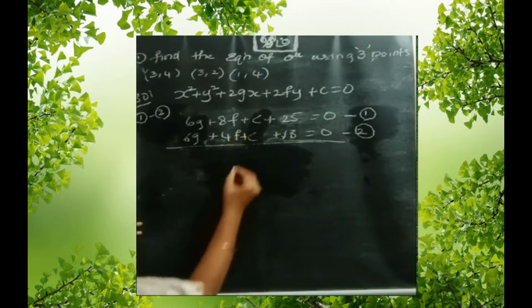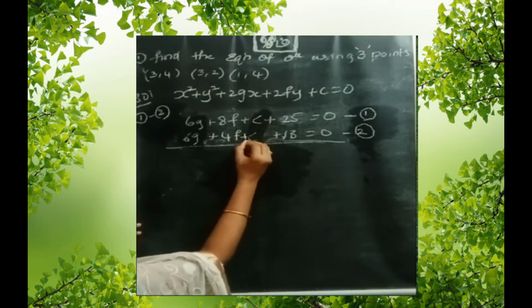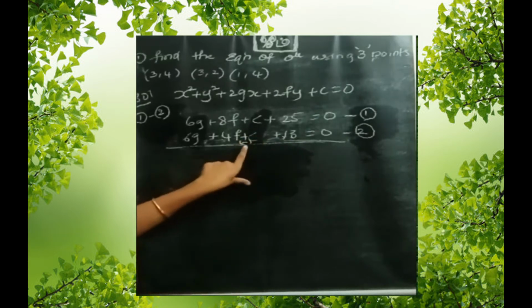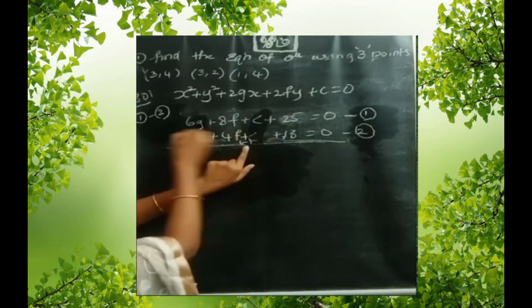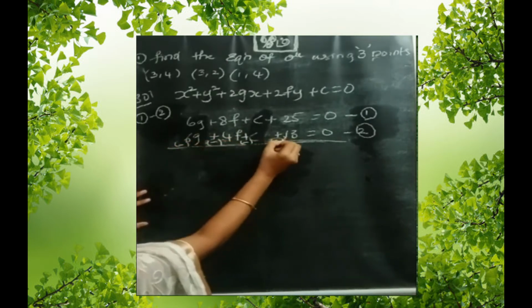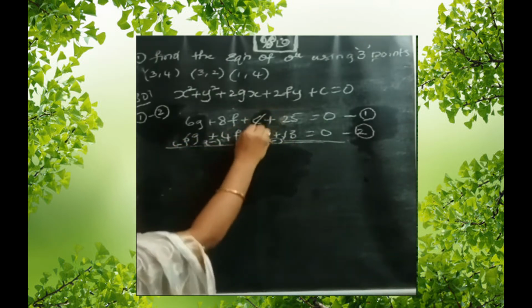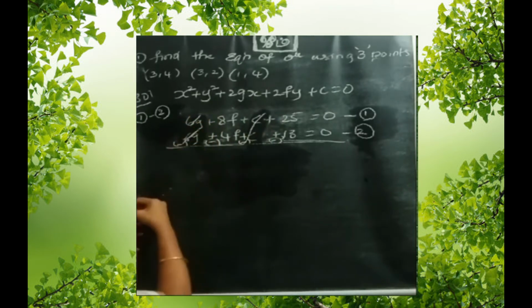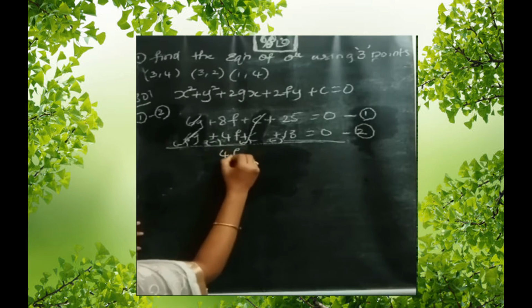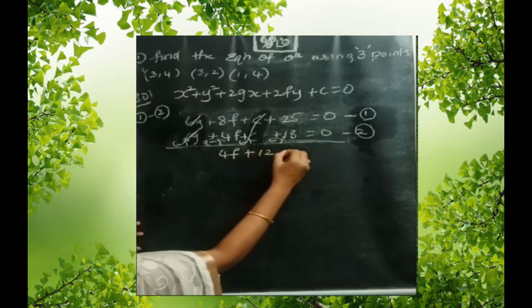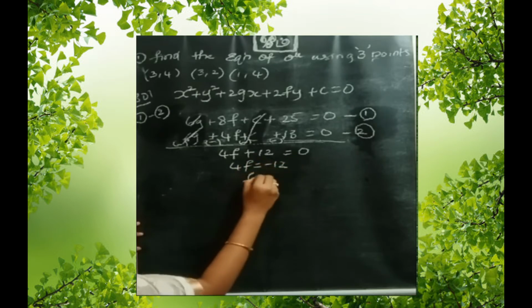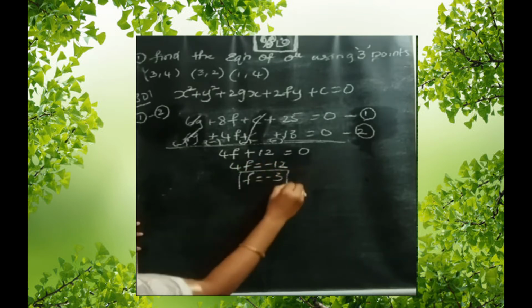Here both have a plus sign, so to cancel we change the sign of the whole equation: minus, minus, minus. So c gets cancelled, 6g also gets cancelled, and we get 4f plus 12 equals 0. 4f equals minus 12. F equals minus 3.